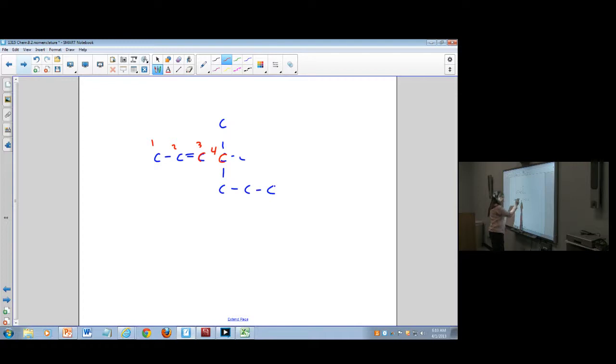I could come down here and say, oh, 5, 6, and 7. All right, and I could try numbering in a number of different ways, but you're going to end up with a hept because it has 7, and with this double bond, that makes it an ene, heptene, because there's a double bond in this structure.